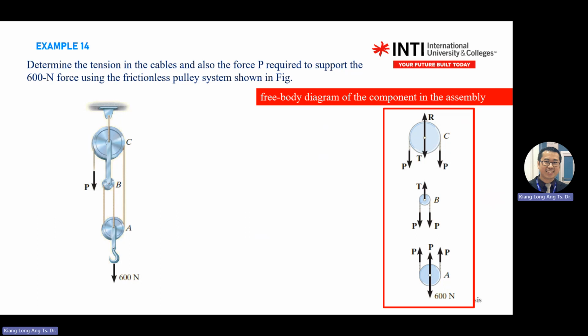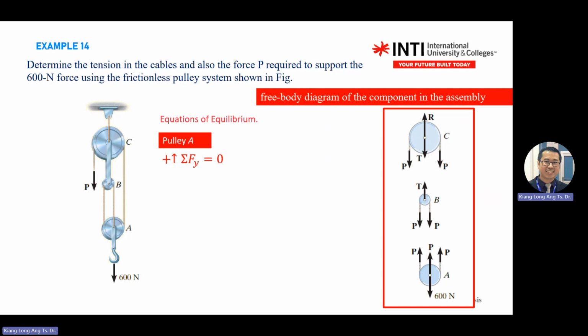You can label them T1, T2, T3, T4, or P1, P2, P3, P4, if you don't want to confuse yourself. But basically, this P for object C equals this P, and this P equals this P. It's the same.